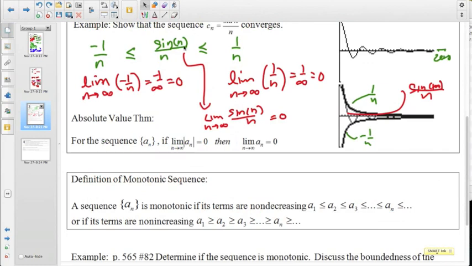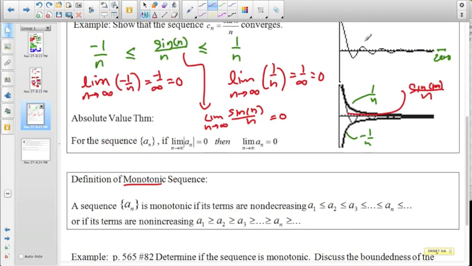So the squeeze theorem allows us to talk about this idea of monotonic. The idea of monotonic is that we have a sequence that starts at a value and then gets either subsequently bigger or subsequently smaller. If we take a look at sine of n over n, it gets smaller, then bigger, then smaller, then bigger, then smaller, then bigger, then smaller.